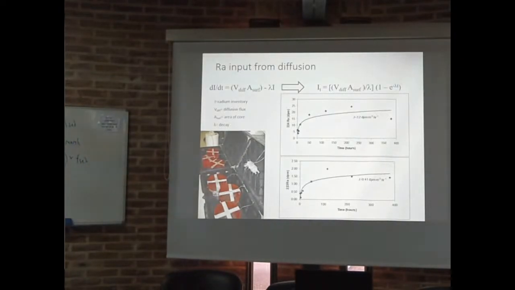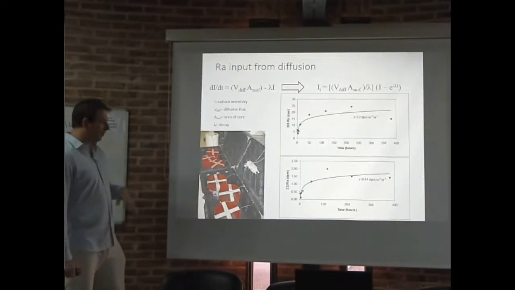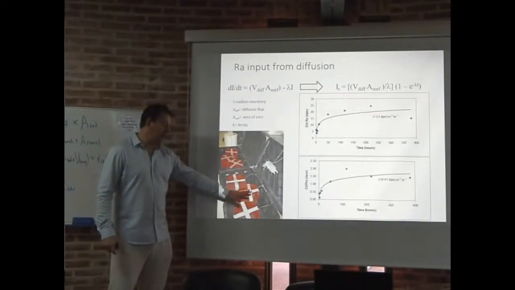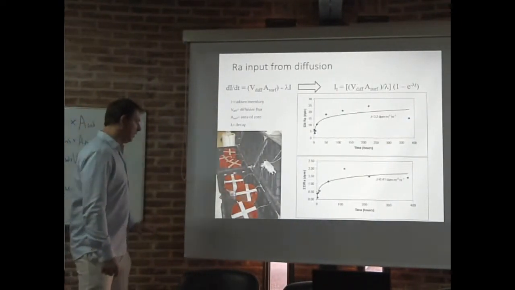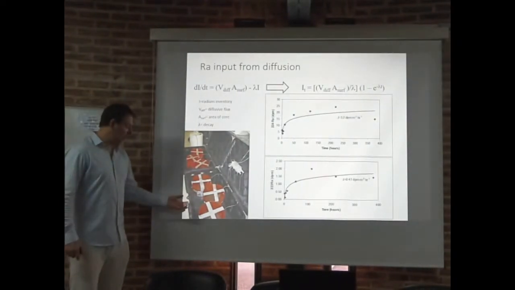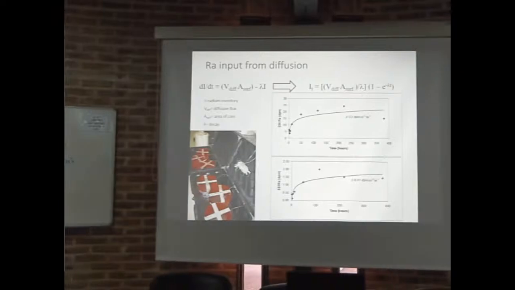But diffusion, we have to do something special. We have to create a diffusion experiment. So what is our diffusion experiment? Our diffusion experiment is we basically get a couple kilograms of sediment from the bay in different locations in the bay, and then we put them in these buckets and we fill radium-free water on top.